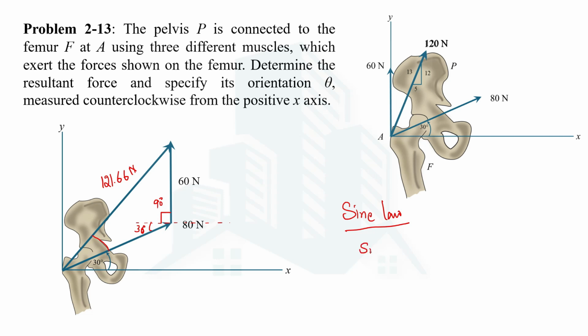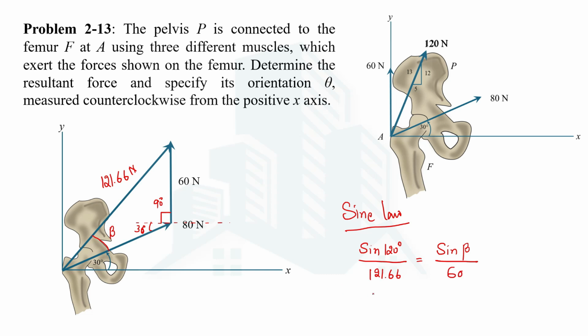So I use sine 120 divided by the magnitude of the force of the opposite side. In this case that is actually the resultant, which is 121.66. This should be equal to the angle of our interest, which is, let's say, this one. So I name that as beta. So sine beta would be divided by the opposite side, which is 60 Newton here.